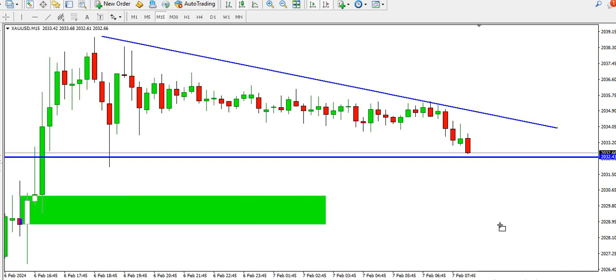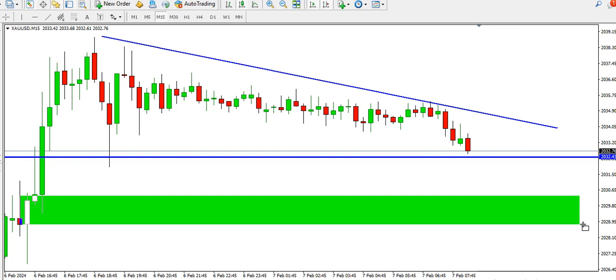Price might meet with this demand for price to find buyers on the 15 minutes time frame. This is a demand within a demand area. Price might likely get buyers around that side, but for now the sellers are in the market.